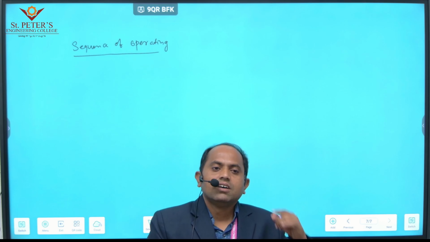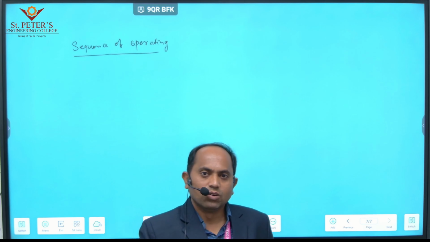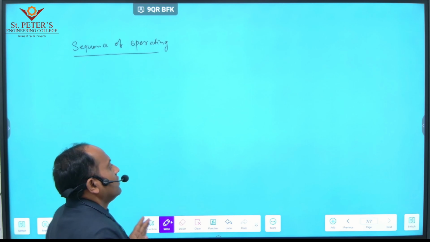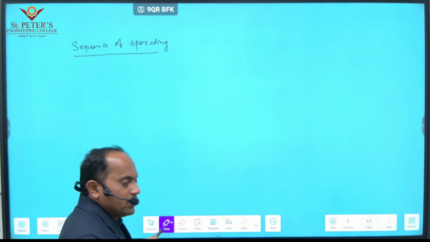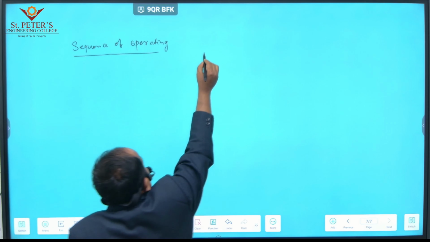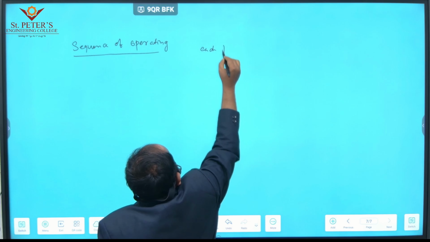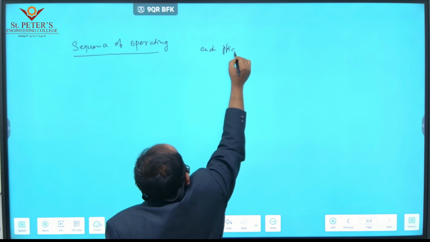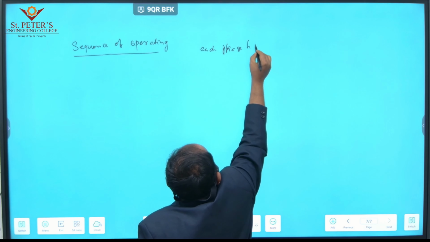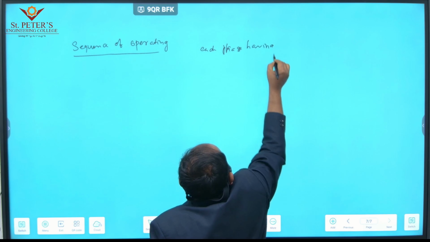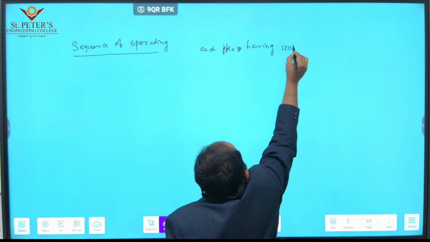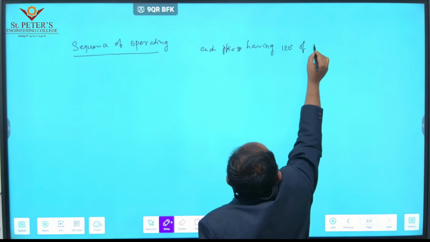For the balanced three phase load that is star connected, say, what is the phase difference of each phase? Each phase having 120 degrees of phase difference. Yes or no?